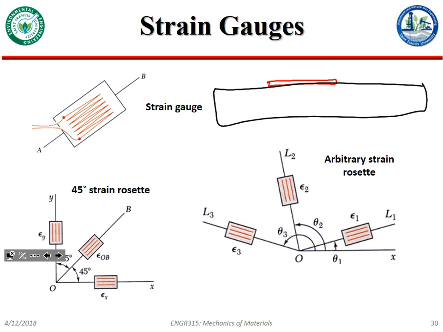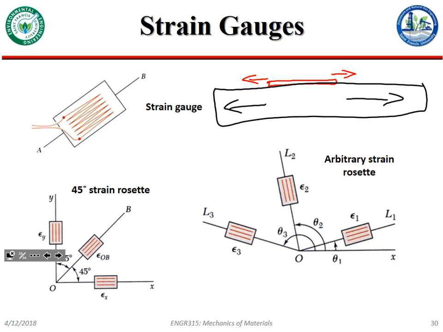The assumption is that the gauge will deform with whatever your test specimen does. So as this piece of metal deforms longitudinally and laterally, the gauge is going to deform at the same rate.